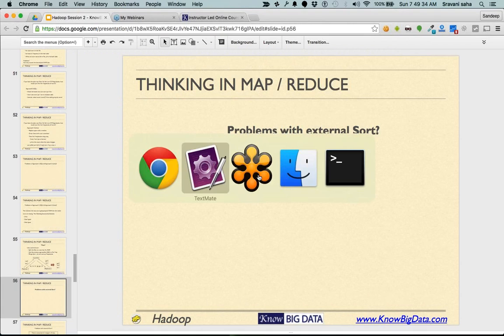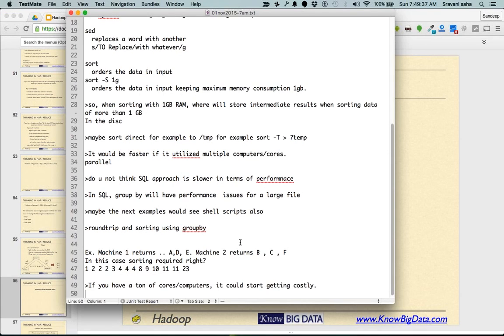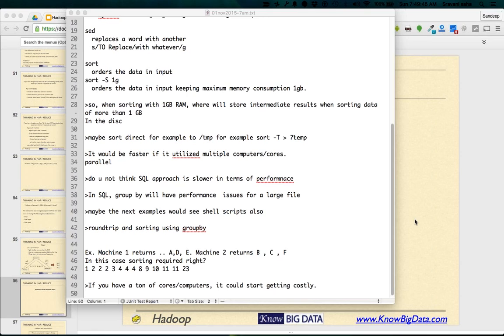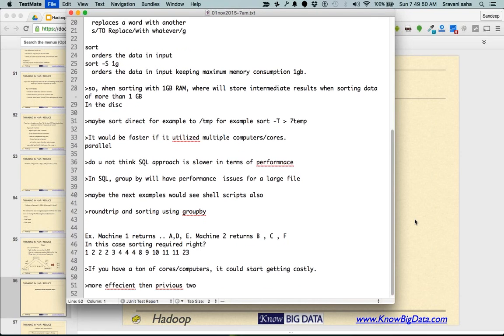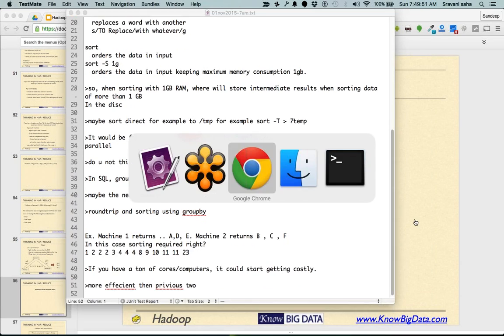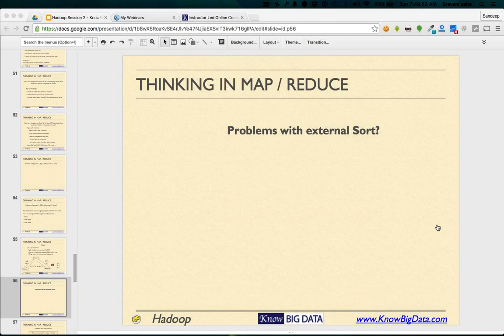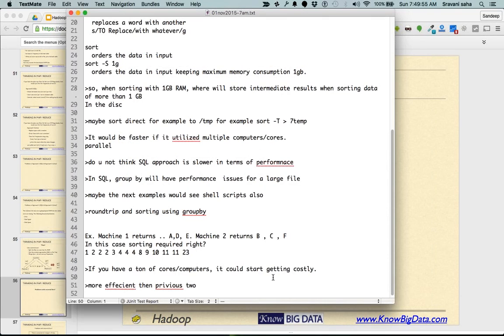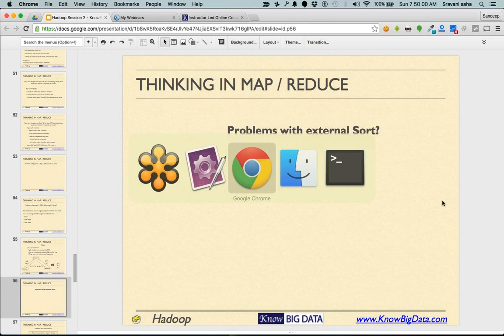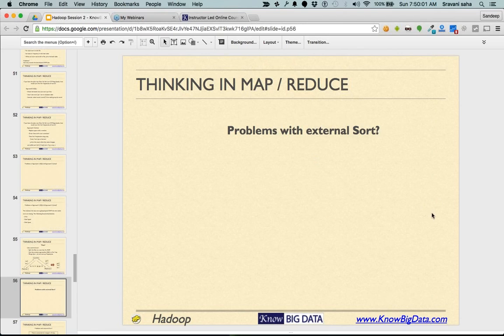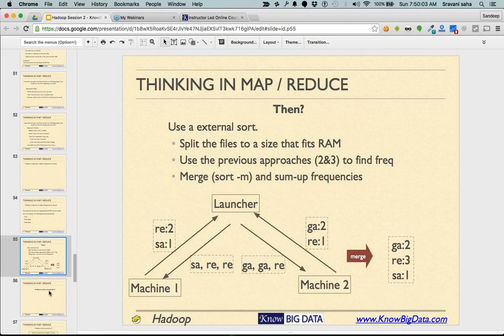Yes. Sydney says it is definitely more efficient than the previous two. All right, what exactly is the problem with this sort?